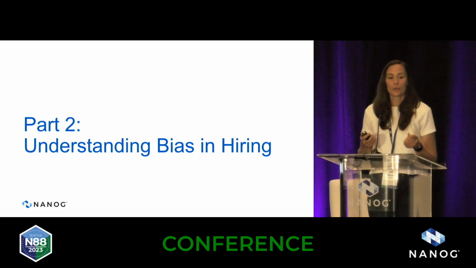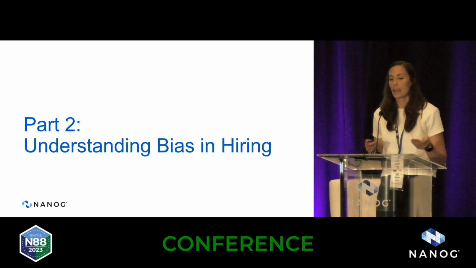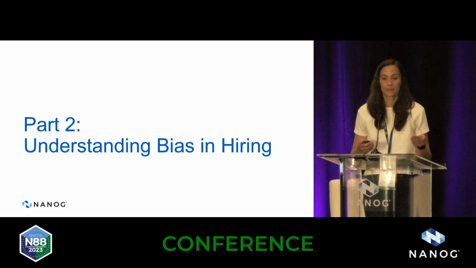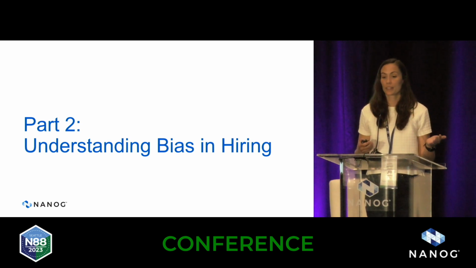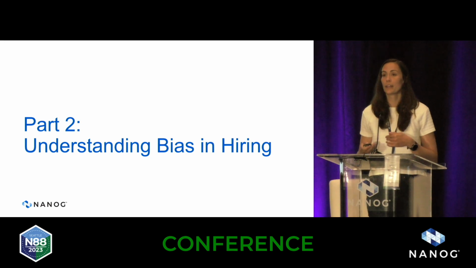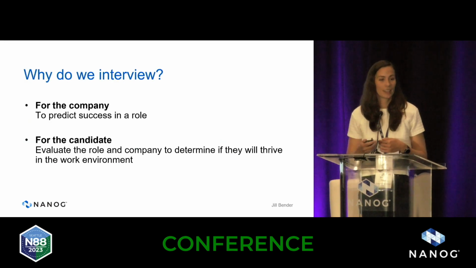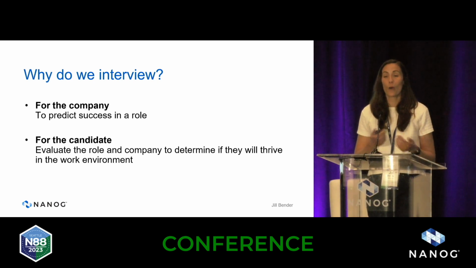So in part 2, let's learn a little bit about bias and the problems that we have in our existing hiring process. Bias in hiring can lead to discrimination, lack of diversity, and a missed opportunity for your organization to benefit from a wide range of talent. To improve the diversity in your hiring process, let's think about why we interview in the first place.